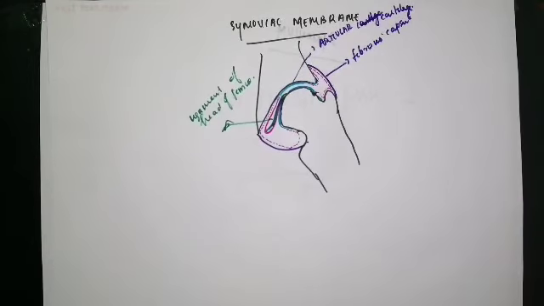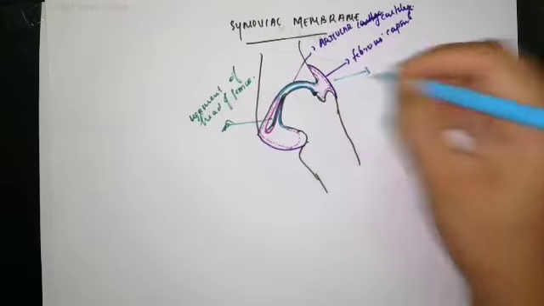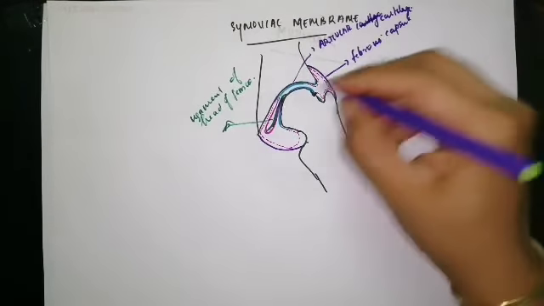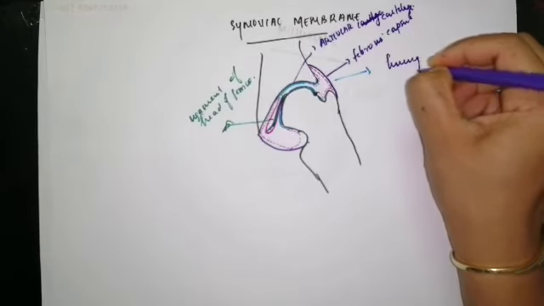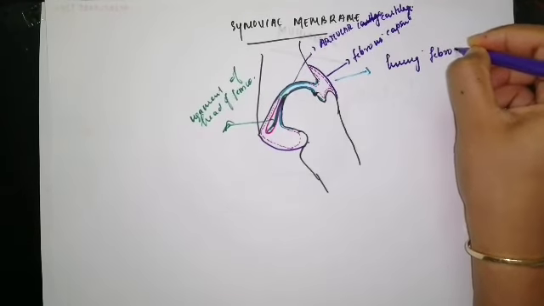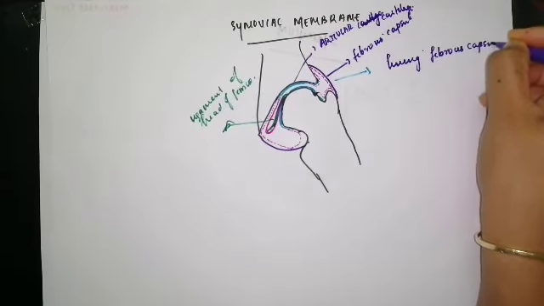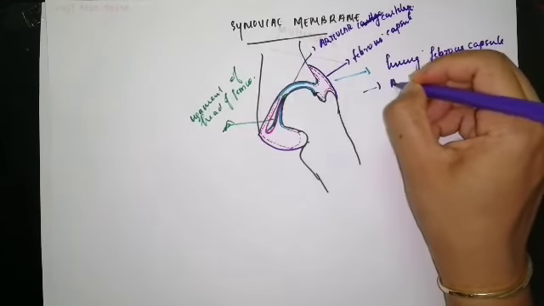So you can see that the synovium is covering which all parts. It is lining the fibrous capsule. It is also lining the acetabular labrum.